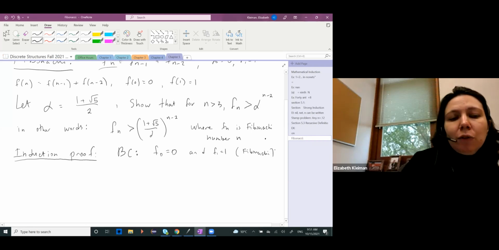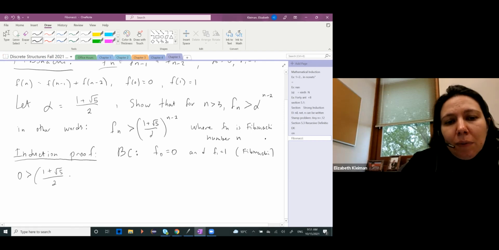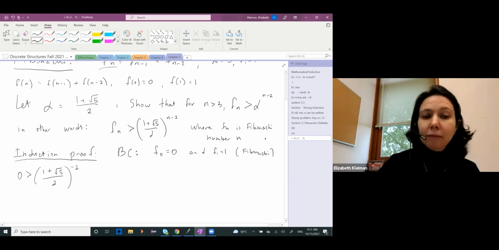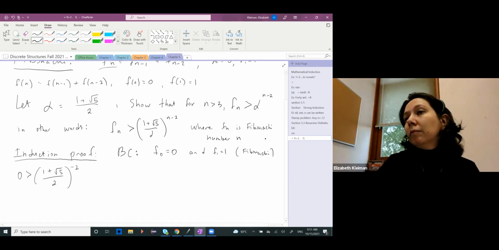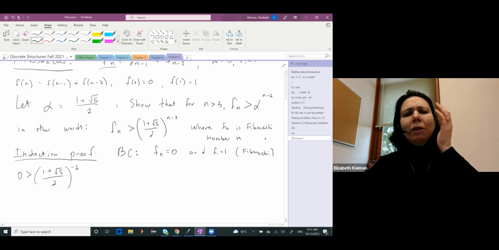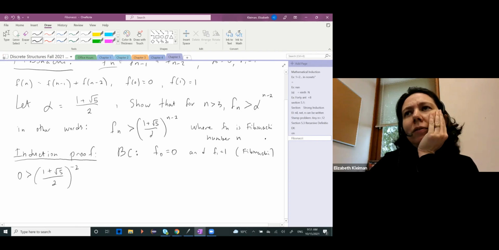So let's check if it works. Is 0 bigger than 1 plus square root of 5 over 2 to the power -2? Is 0 bigger than that? No. So what's wrong? What am I doing wrong? What is not good?